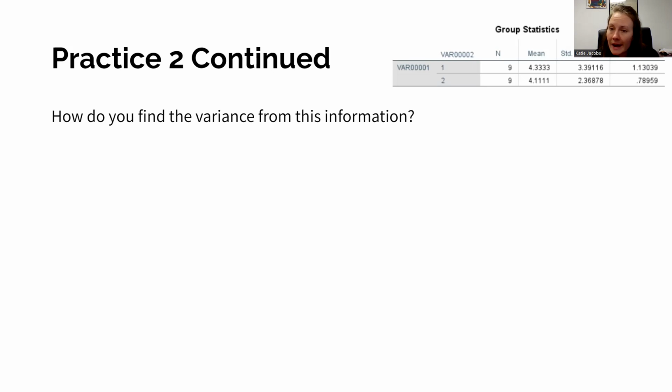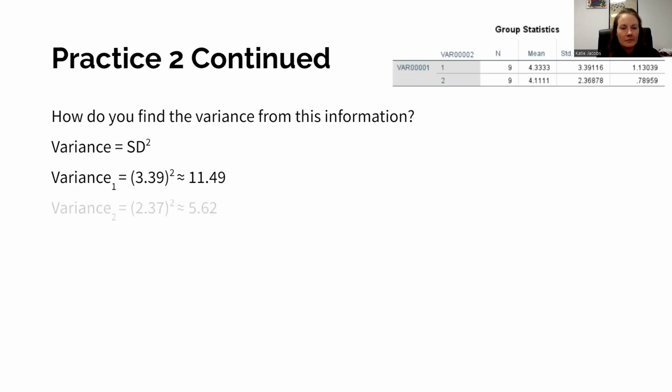If we flip that around, to get the variance from standard deviation we must square those standard deviation scores. The relationship flips both ways. So variance equals our standard deviation squared. If we go through and figure that out, the variance for the first group is 11.49. The variance for the second group is about 5.62.